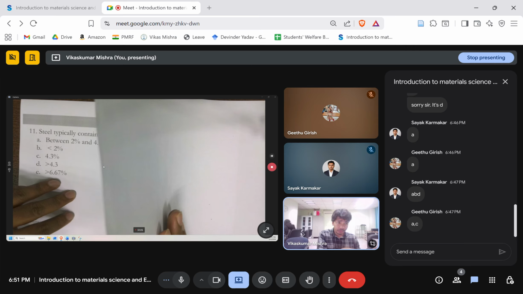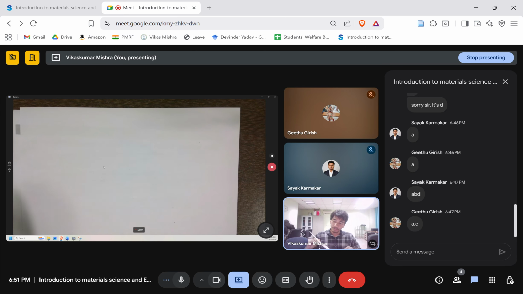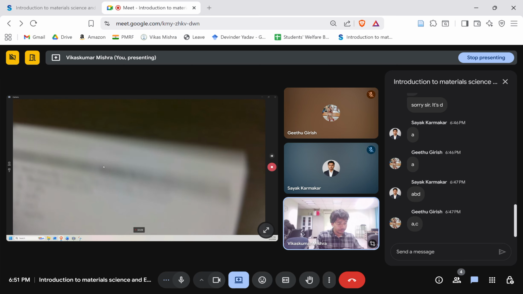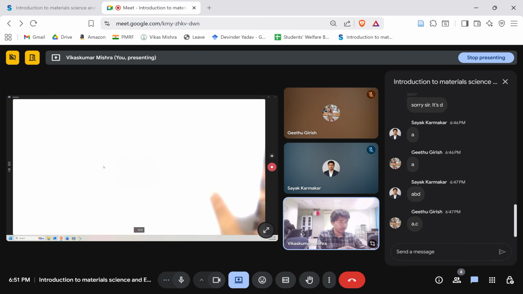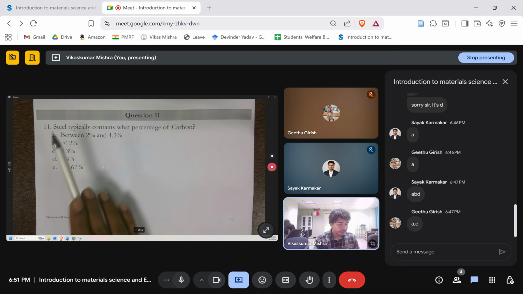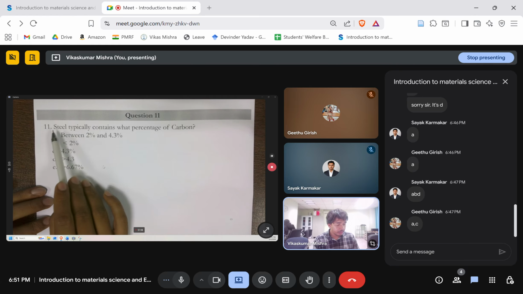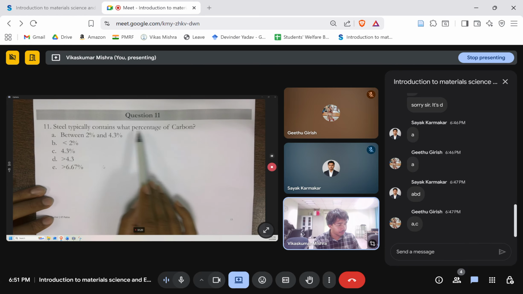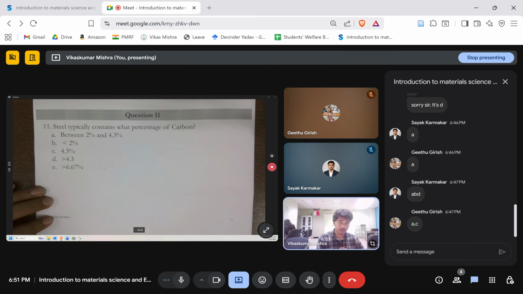We are left with 4 questions. Steel typically contains what percentage of carbon? We have the entire phase diagram with us.